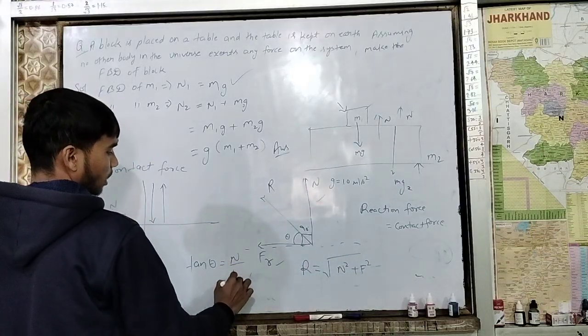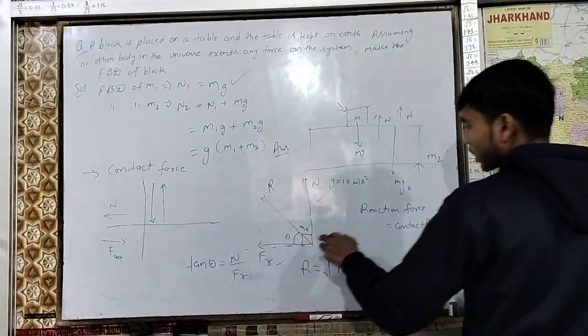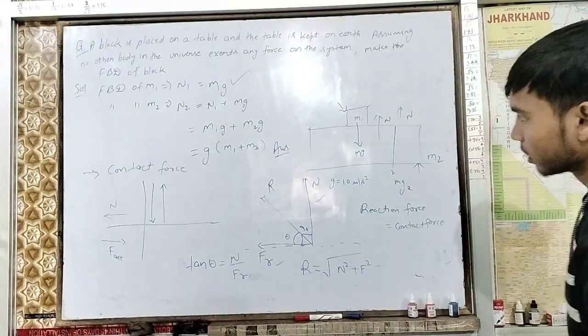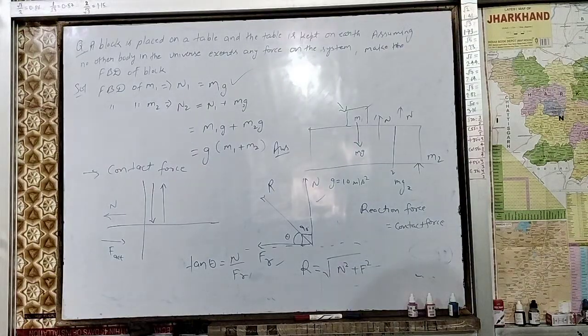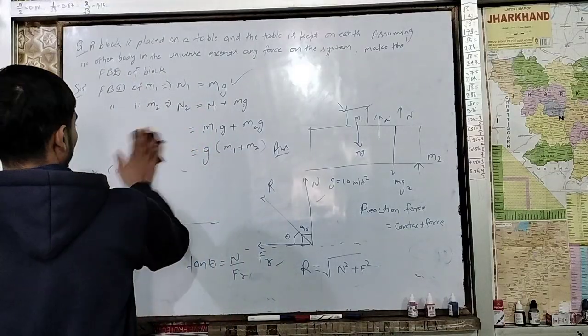So N upon F. Okay, N upon F. Then you will get this angle, which is between the resultant vector and a component vector. Clear? Okay. Now let's move.